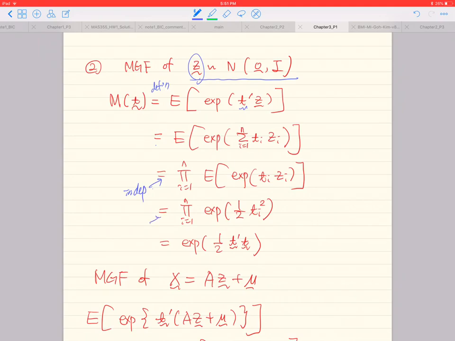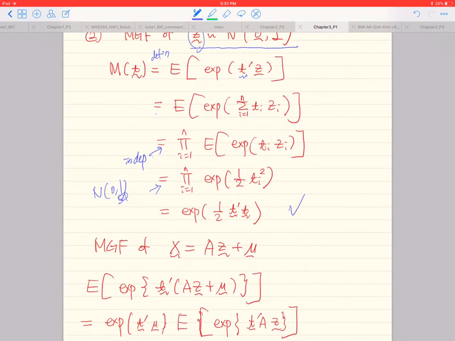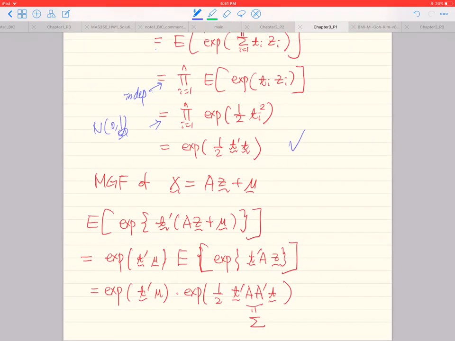And then each one is a standard normal distribution, right? Using the standard normal distribution, we obtain the MGF, and then with that we can apply a linear transformation.